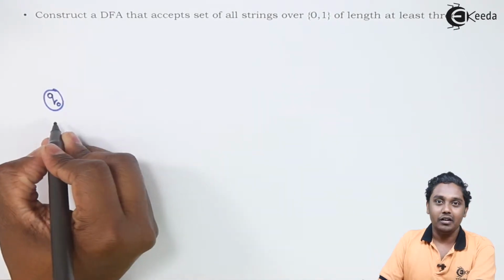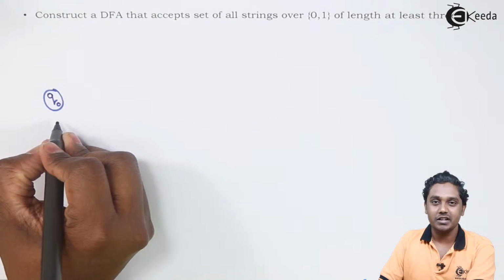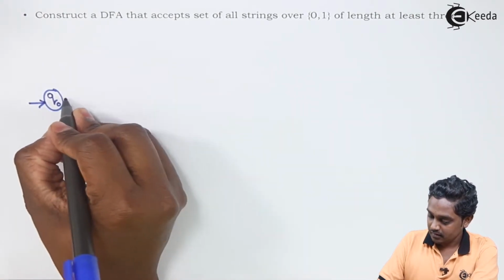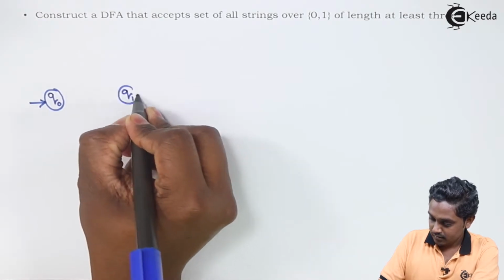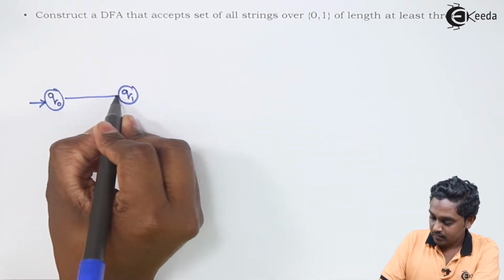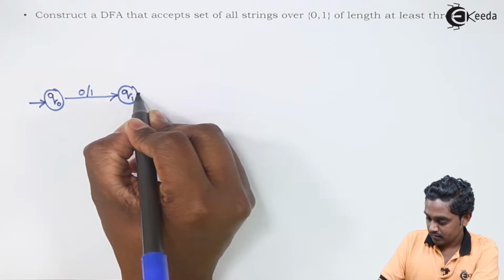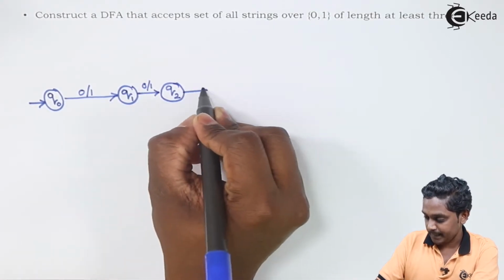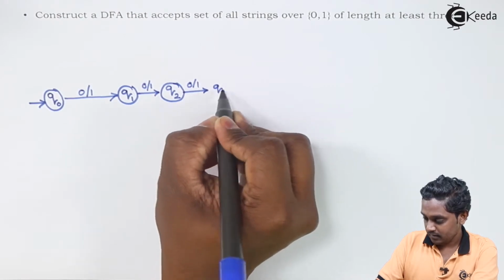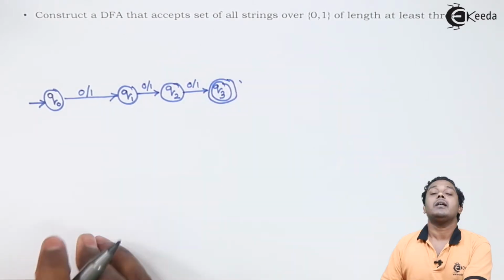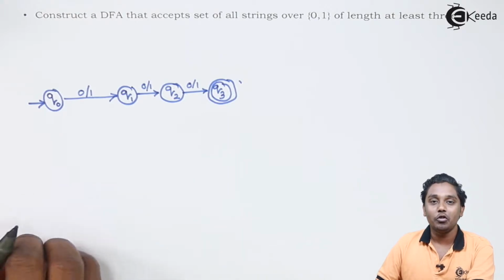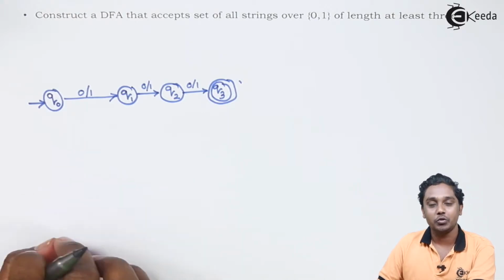The first state is Q0, which is taken to be the initial state. As you can see in the diagram, we have taken 4 states, Q0, Q1, Q2 and Q3.